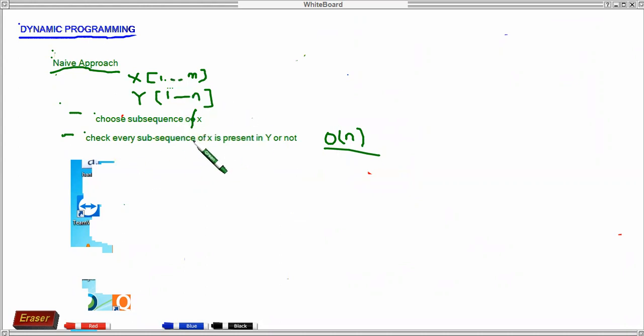There can be any subsequence, because we are not finding only the LCS of length 2. We may find more LCS of length 2, more of length 3, more of length 4. So 2 to the power m I can get, because you are not getting a single one. In a particular sequence, we are finding more than one of the same kind.